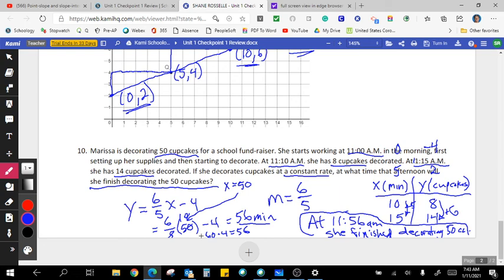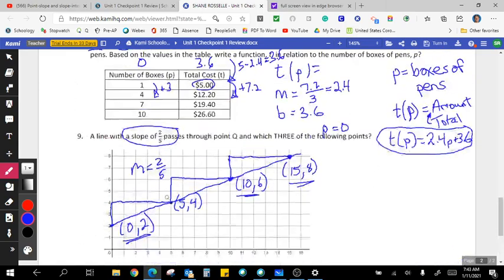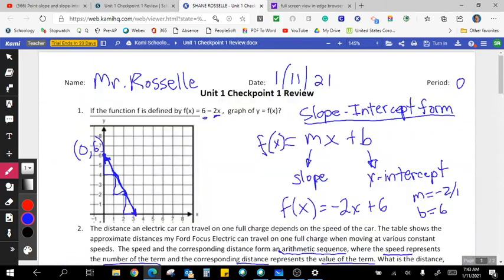Make sure you label it. Here's number 10, here's number 9. At the top, it's called Unit 1 Checkpoint 1 Review. You can put your name, date, and period at the top. Then just go through and understand those concepts.